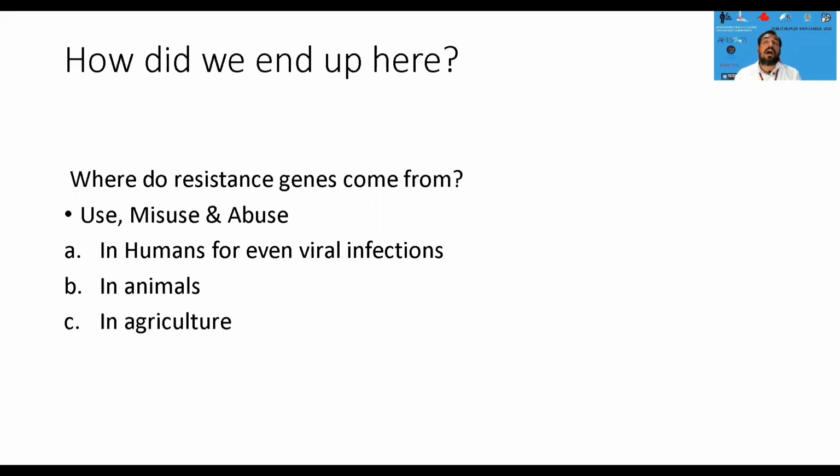Third, in agriculture, there is spraying of antibiotics to prevent infections and loss of crop. So the whole environment is contaminated with these resistant bugs. And we already discussed that once there is environmental contamination, there will be resistant bacteria, and the resistant bacteria can always transfer the gene. So there is a collective reason for the current situation which we are facing.